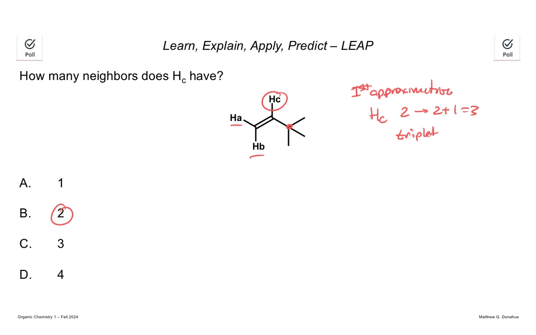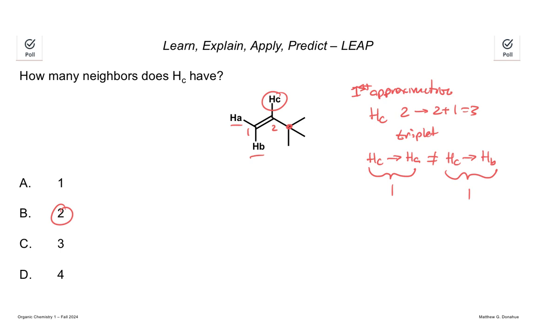But that's not technically correct because HC to HA is not the same as HC to HB. If we consider those hydrogens on carbon 1 as being different, we would say that this is 1, that's 1. And so if we analyze them separately, then we apply the n plus 1.